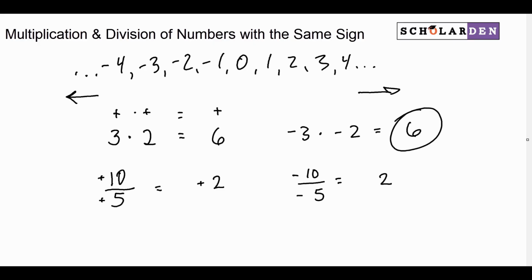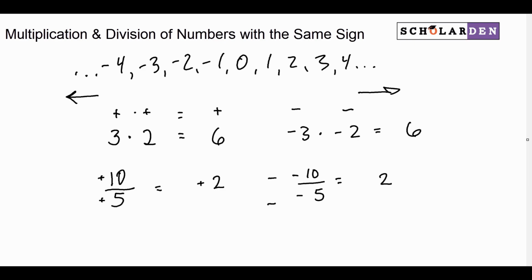So 6 is just positive 6. So what's the lesson here? This is a negative times a negative. This is a negative divided by a negative. The lesson is that if you have the same sign and you're multiplying or dividing, you always get a positive number. Think of it as the same types of things get along in a positive way.